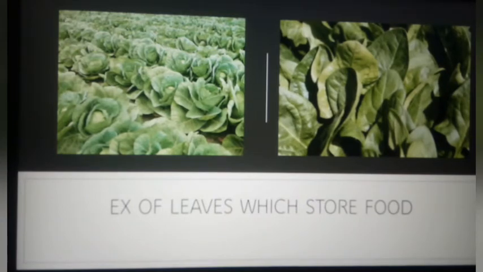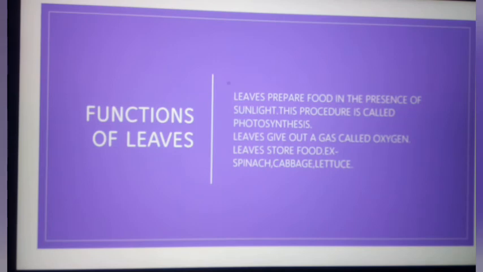Now see the functions of the leaf. As I told you, what is the work of the leaf? These leaves are present on each plant, so what are they actually doing? Actually, these leaves prepare food. In the presence of sunlight they prepare food, and this procedure is known as photosynthesis.